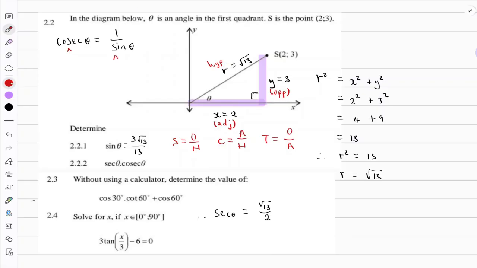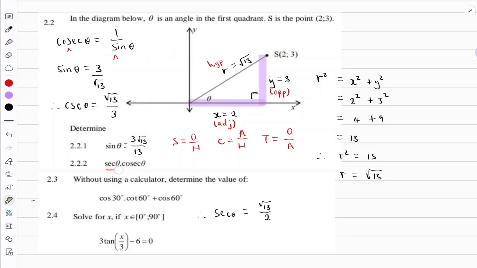So to find cosec theta, we need to find sine theta. But we have sine theta to be 3 over root 13. So therefore, cosec theta should then be root 13 over 3.